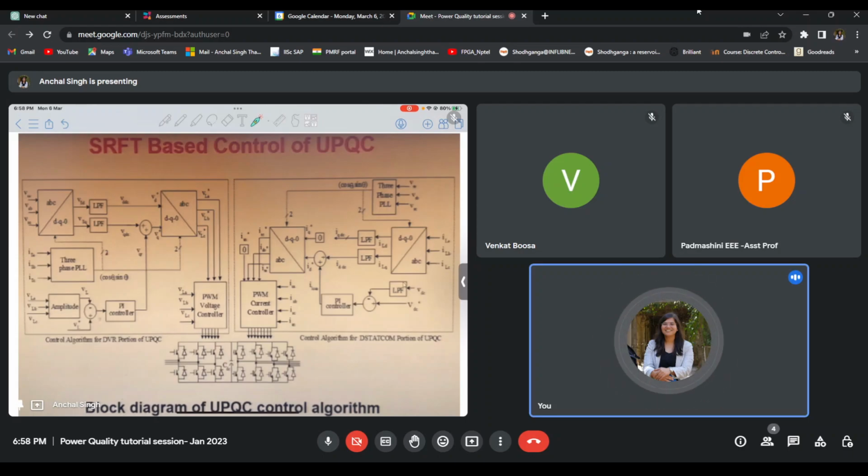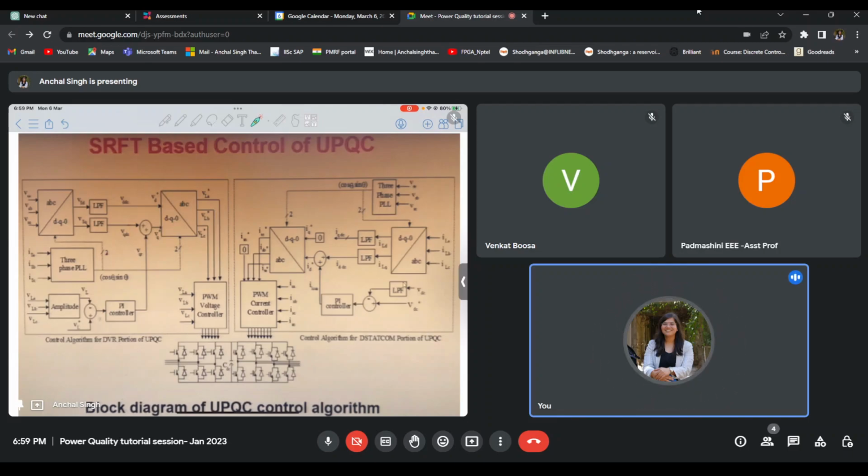So if my point of common coupling voltage is not 230.94 volts, then this loop will get activated and it will calculate the average value, what is there currently and what is the value that I want. Based on both of these errors, my Q component will be designed. We have already seen something like this before.